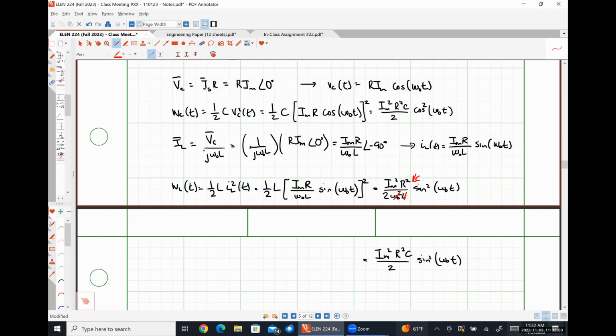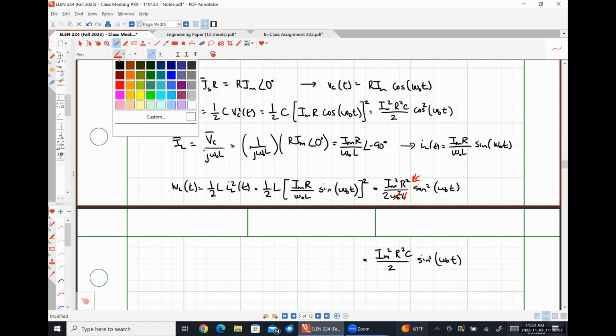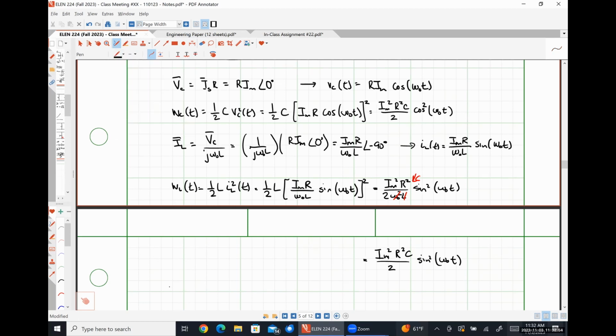Now I'm going to add those two guys together. So our total stored energy is going to be WC plus WL.